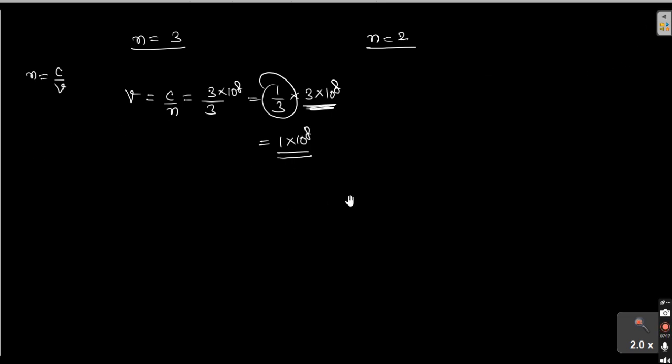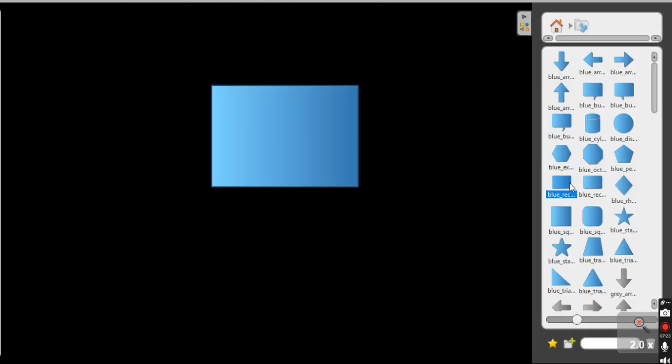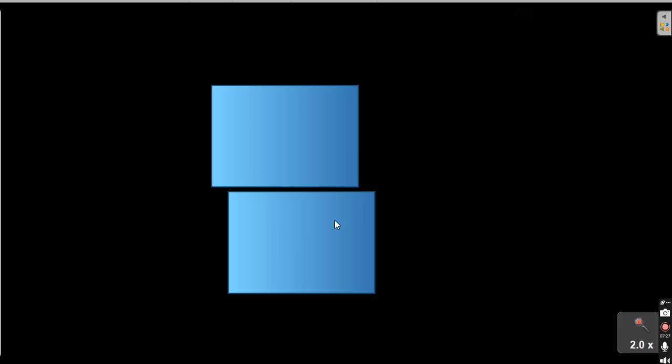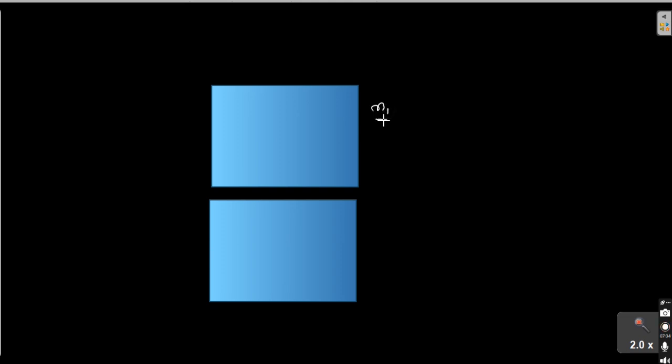If I say that we have two mediums, suppose this is the first medium and this is the second medium, with the first medium having a refractive index of n1 and the second medium having a refractive index of n2.